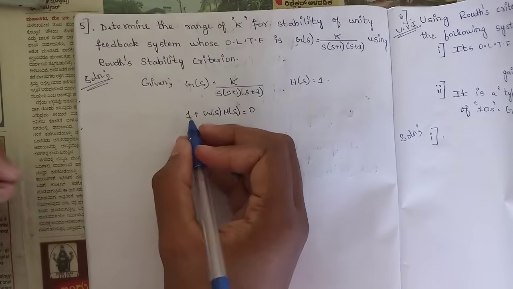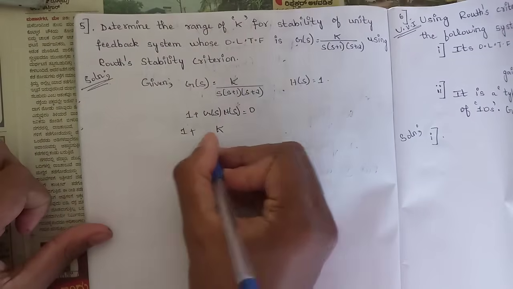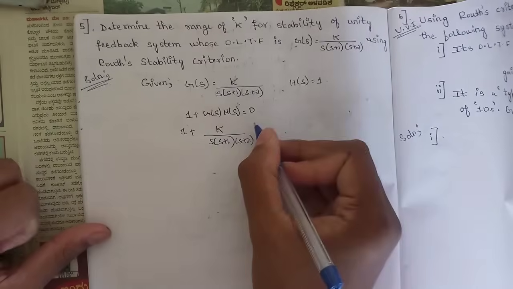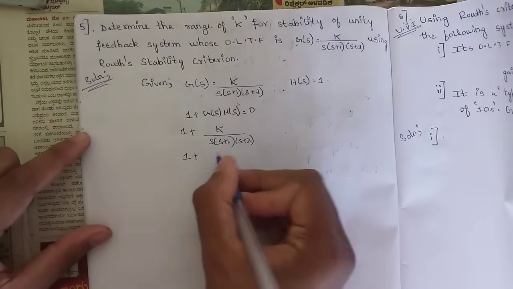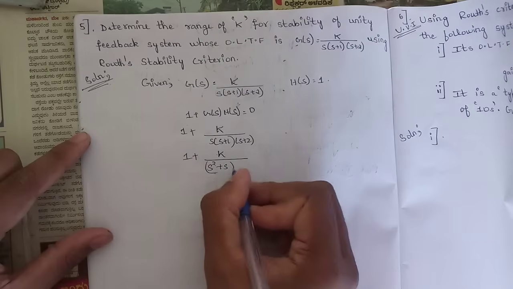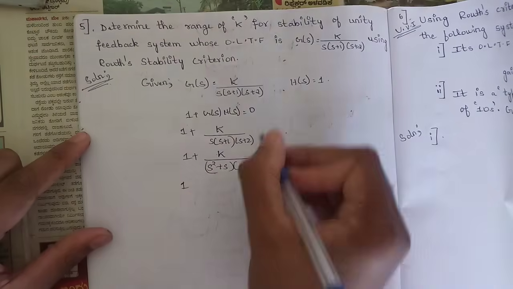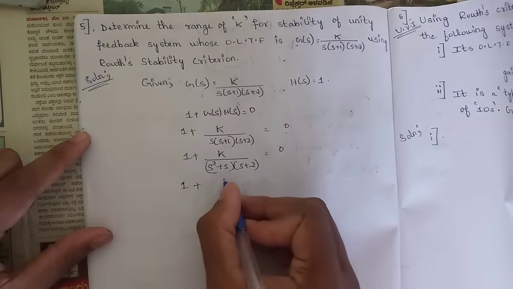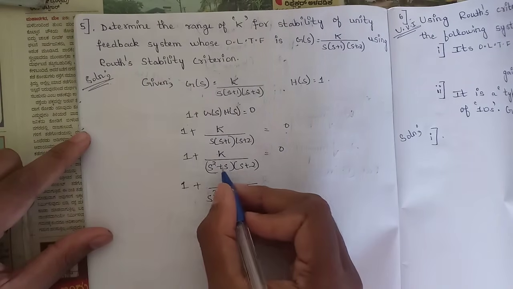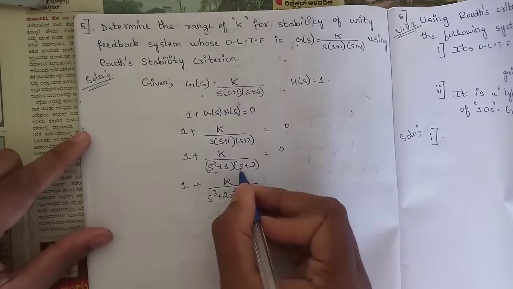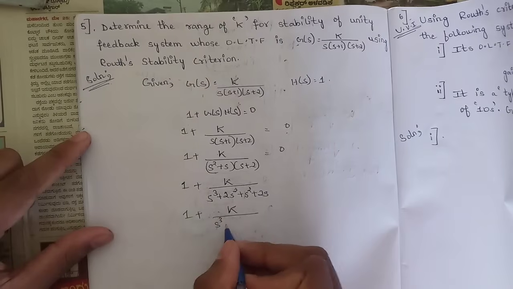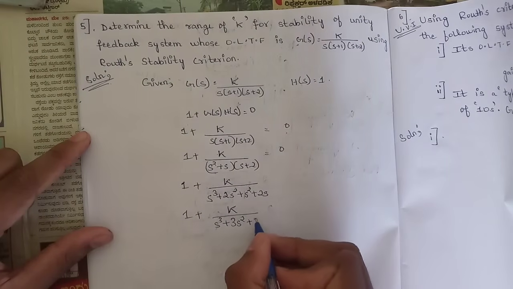So 1 plus G(s), substituting, is k divided by s(s plus 1)(s plus 2), and H(s) is 1 so no need to write it. Multiplying out, we get 1 plus k divided by s cubed plus 3s squared plus 2s equal to 0.